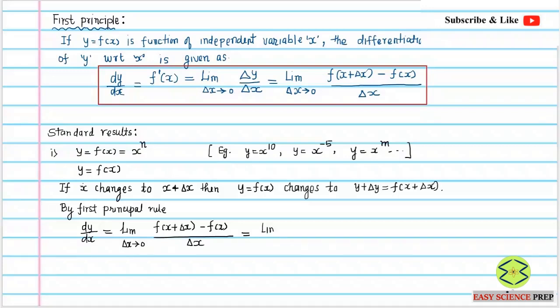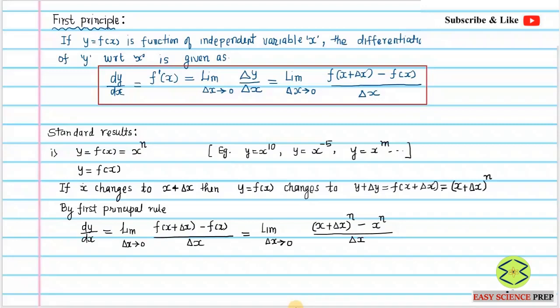So we have the limit delta x tends to 0. f of x plus delta x is nothing but, you just have to change x to x plus delta x, so x plus delta x raised to n, minus x raised to n, divided by delta x.